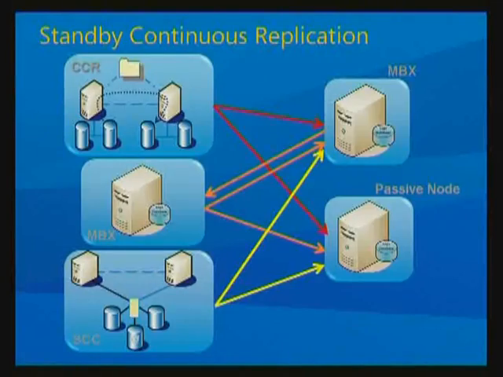So the storage groups on what we might think of as the source machine actually becomes a target as well. The passive node only gets activated when you do a number of steps, which I'll be showing you in a moment, to turn this into an actual Exchange cluster.